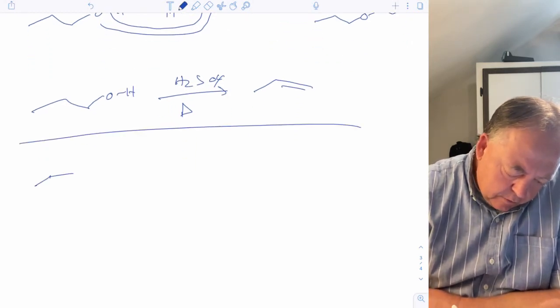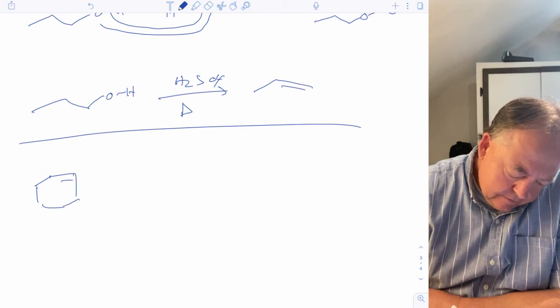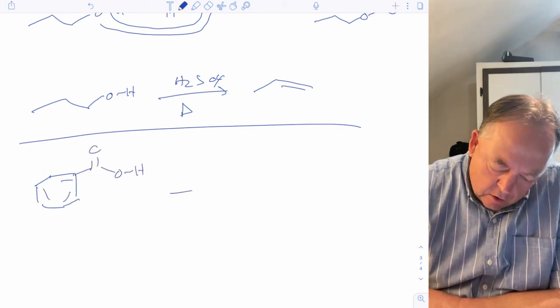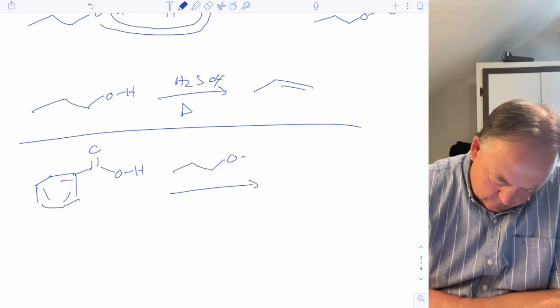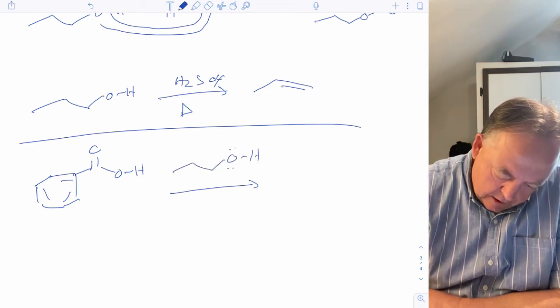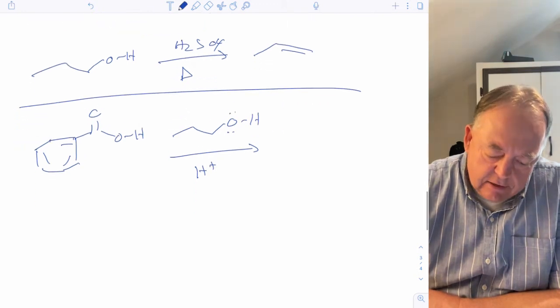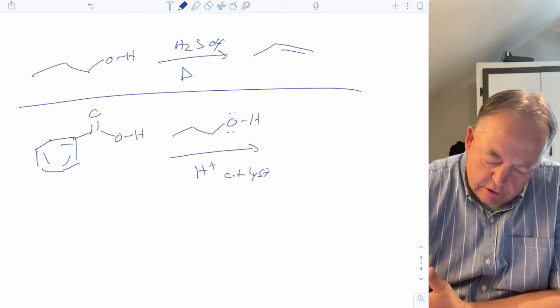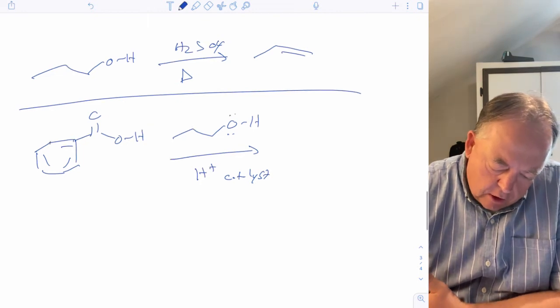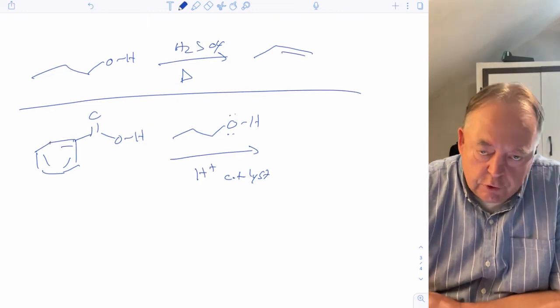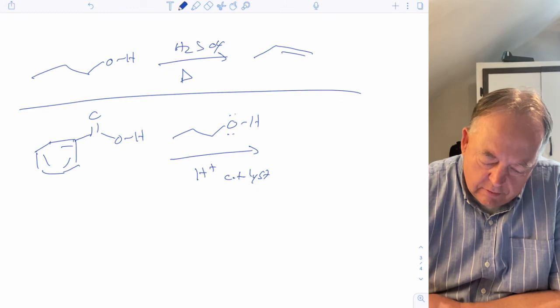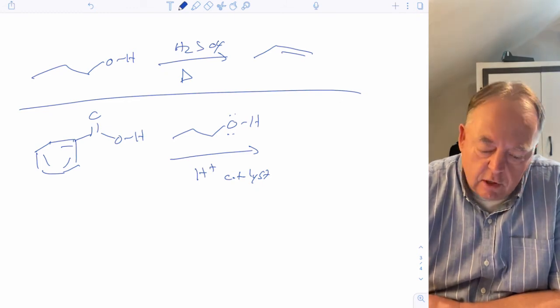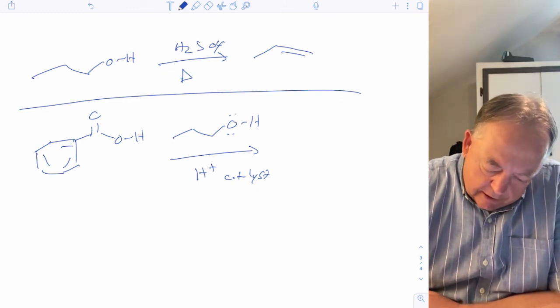So if we take a carboxylic acid and an alcohol and a little bit of acid catalyst. So this could be any strong acid, just a drop or two if it's a liquid, or a pinch or two if it's a solid, then this is going to make an ester.